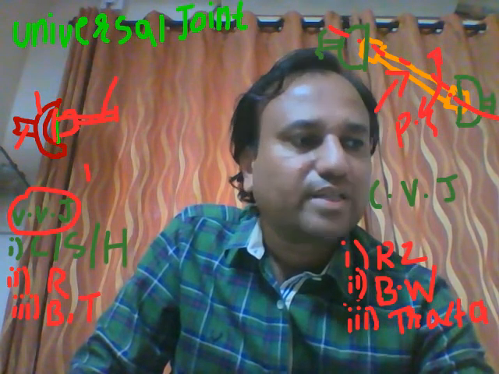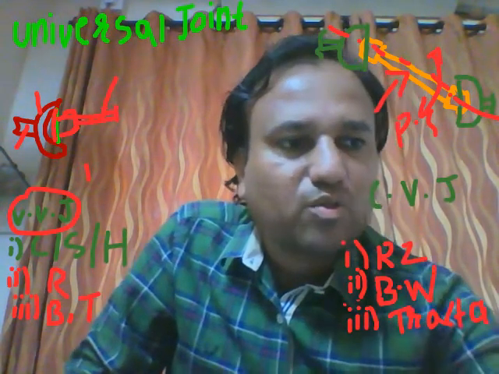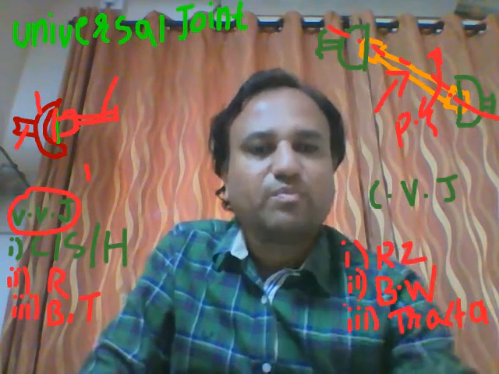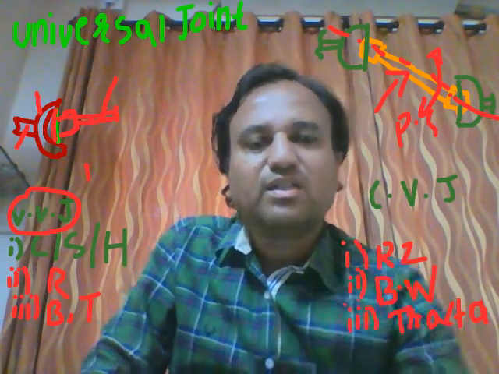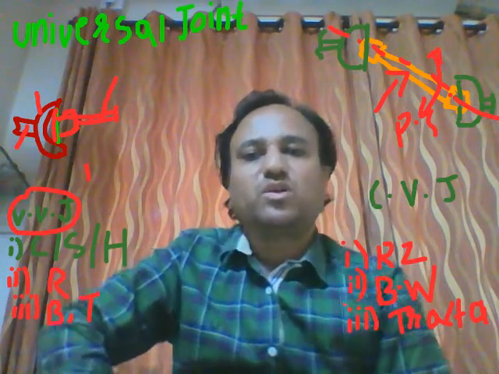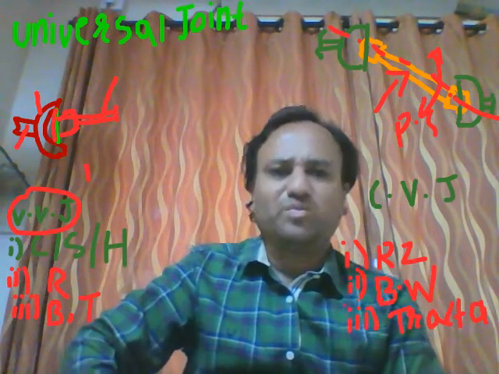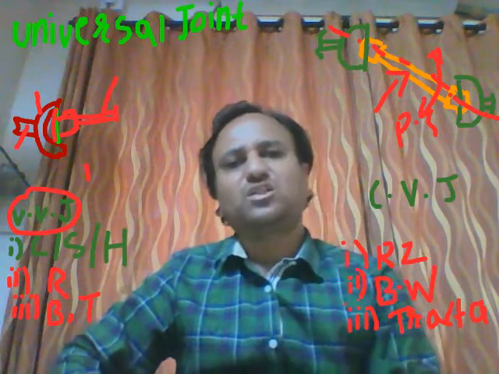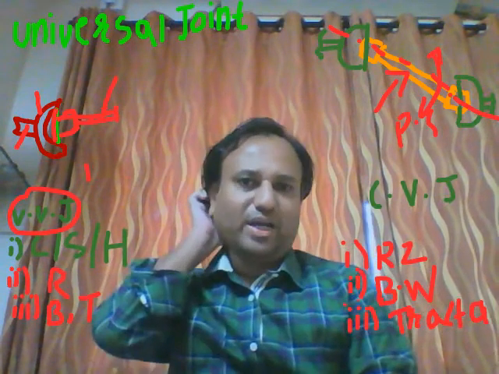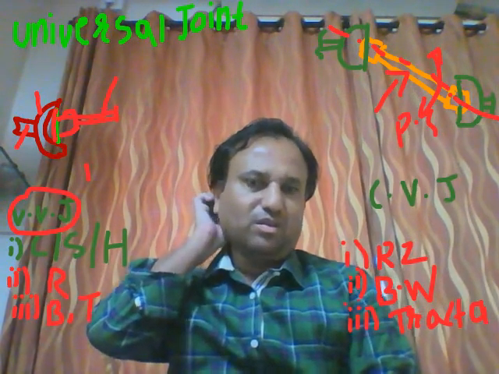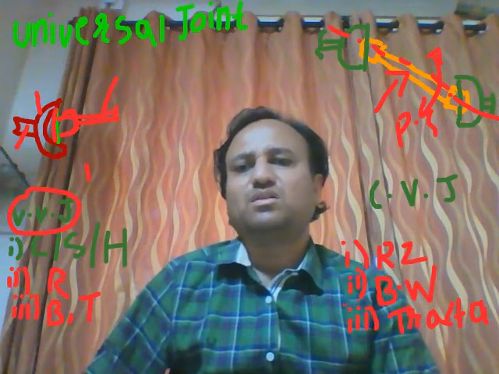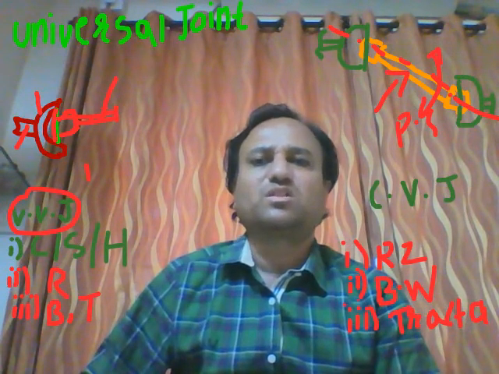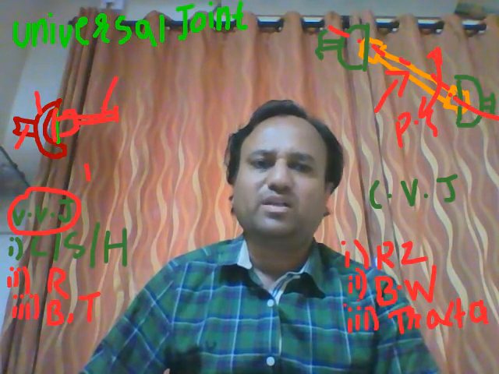Then the second category is the Bendix, and third is the tractor type of constant velocity joint. Classification and specific universal joints will not be asked in the final exam, but for your understanding, I have discussed various types of variable velocity joint and constant velocity joint.